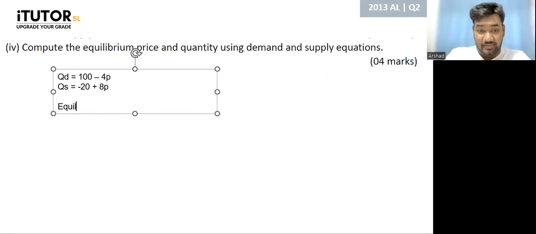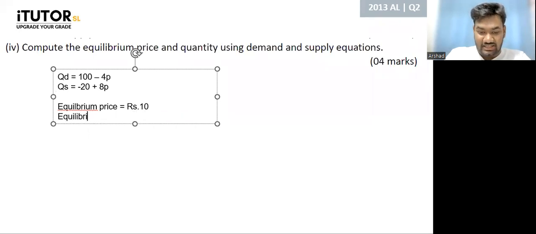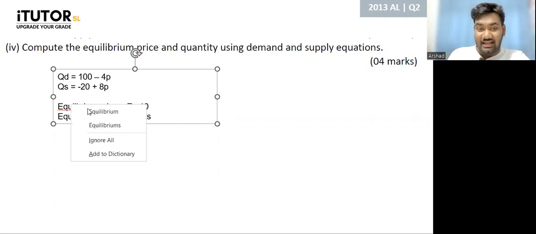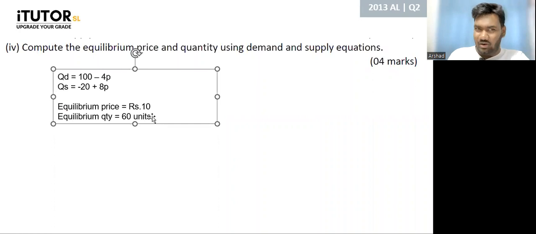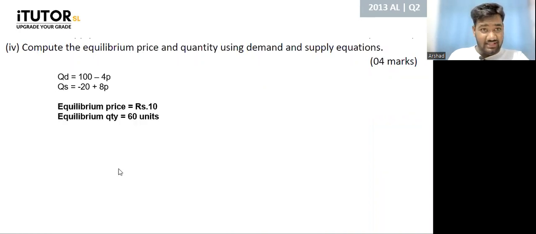I don't know why they are giving 4 marks for that. Price is 10. Okay. How much is the equilibrium quantity? Quantity is 60 units. Done. So equilibrium price is done and equilibrium quantity is done. Guys, I'm hoping all of you by now know how to find equilibrium price and quantity. Don't be a disgrace to whoever taught you how to do that.